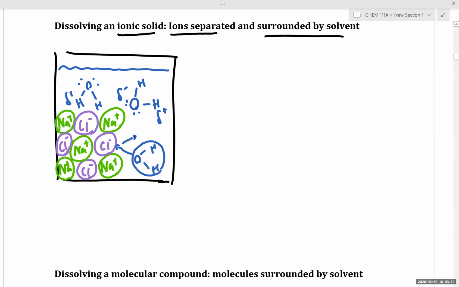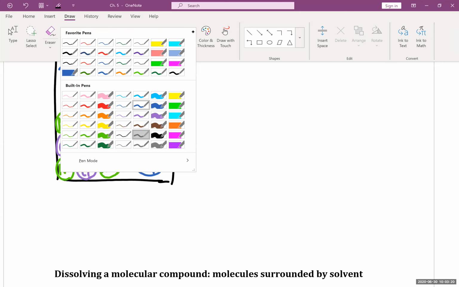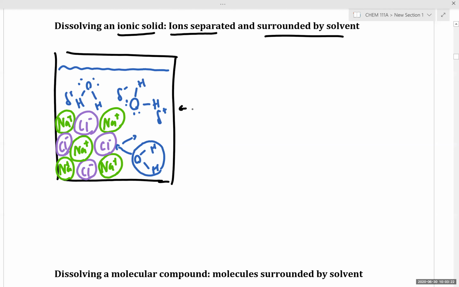our ionic solid, and when water gets close enough to interact with our ions, you're going to observe what is known as an ion dipole interaction between water and your ions.